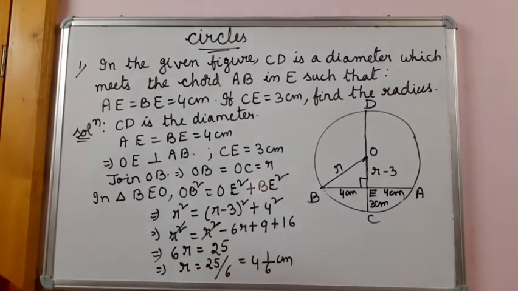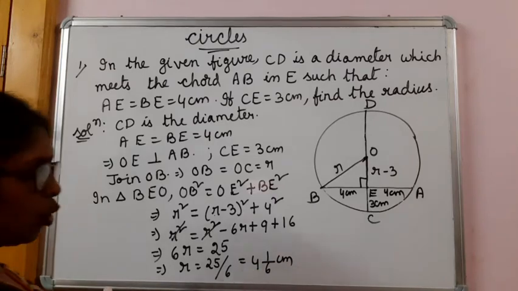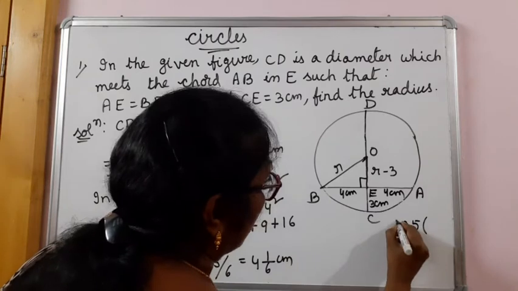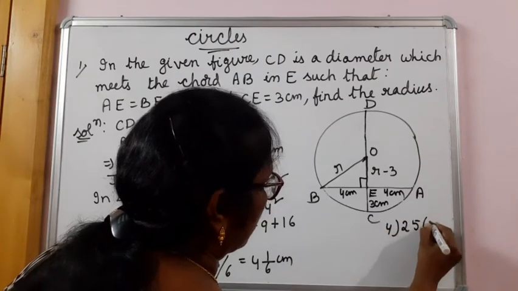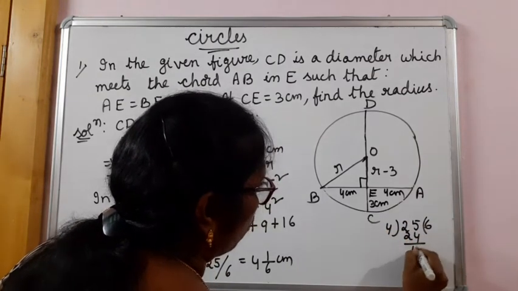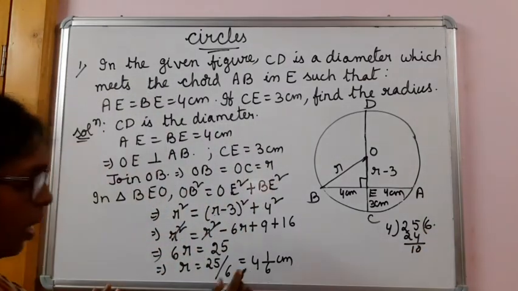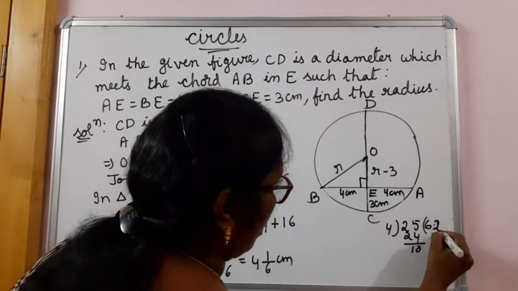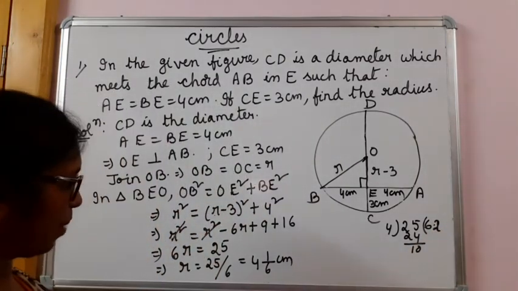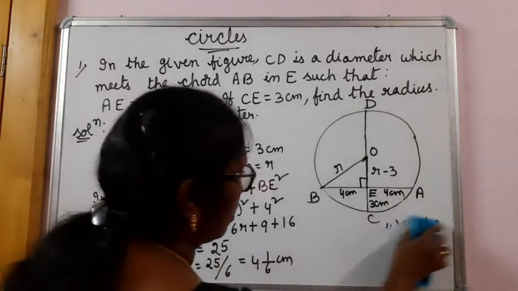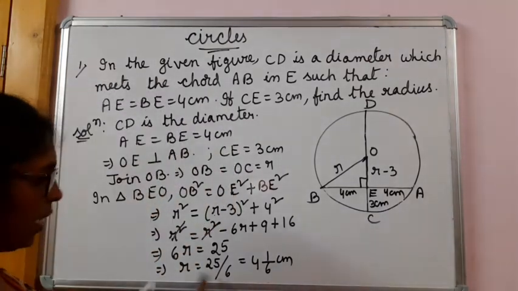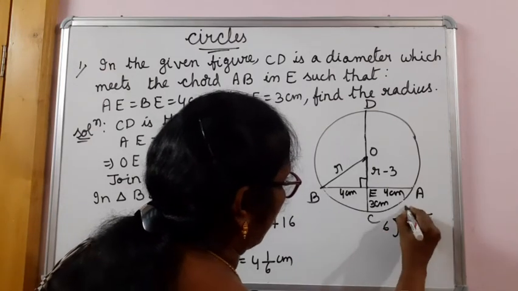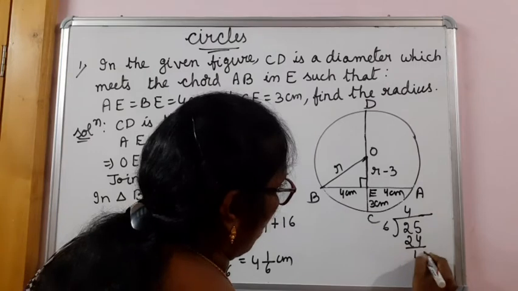But as it is a length, it is good for us to show it in decimals. So we have to divide 25 by 6. 6 fours are 24, remainder 1, then 0.